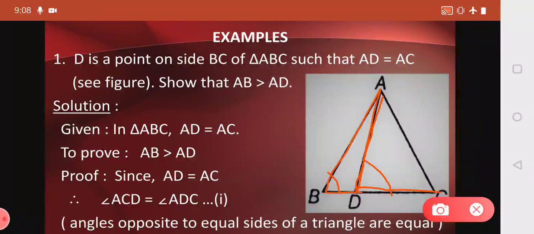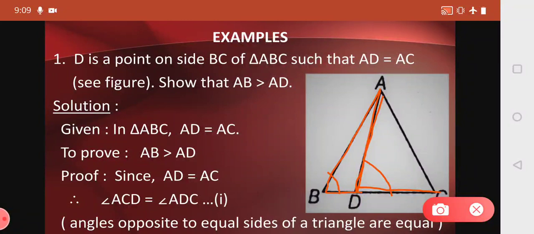Like that also we can see. And according to the exterior angle property, we know that an exterior angle of a triangle is equal to the sum of opposite interior angles. Angle ABD is one of the opposite interior angles. So naturally angle ADC will be greater than angle ABD.